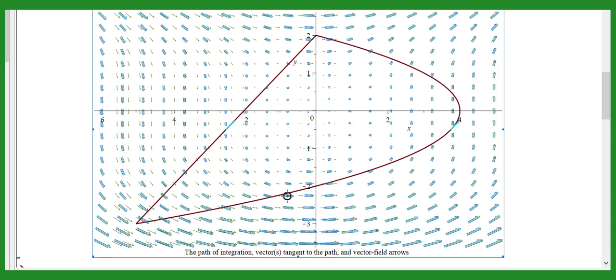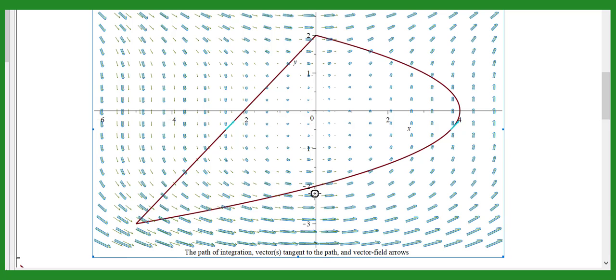Parallel with that, the vector field as a force is also in this direction.